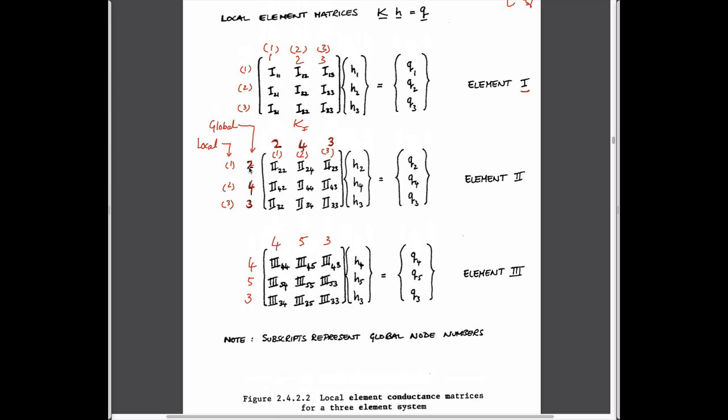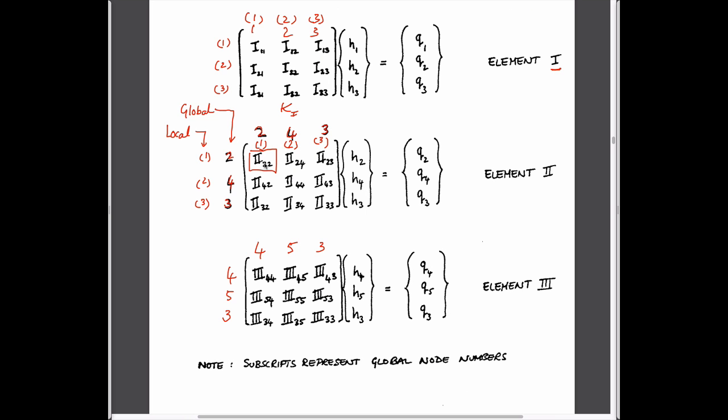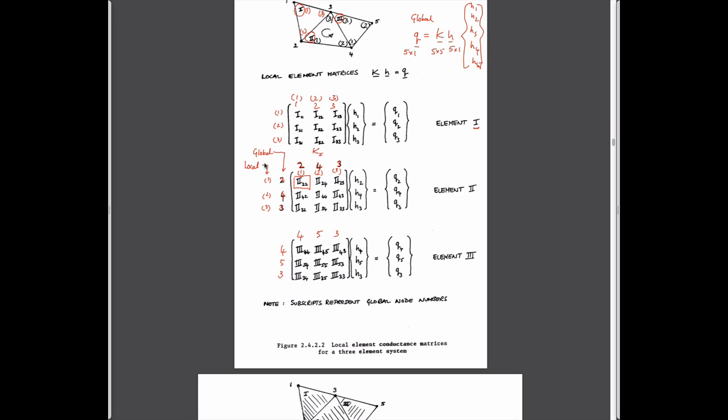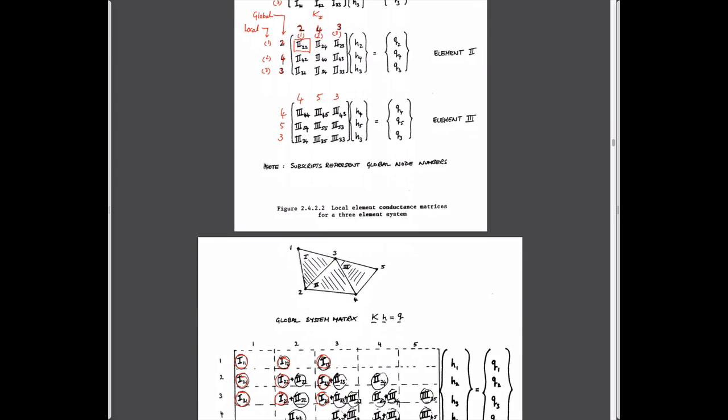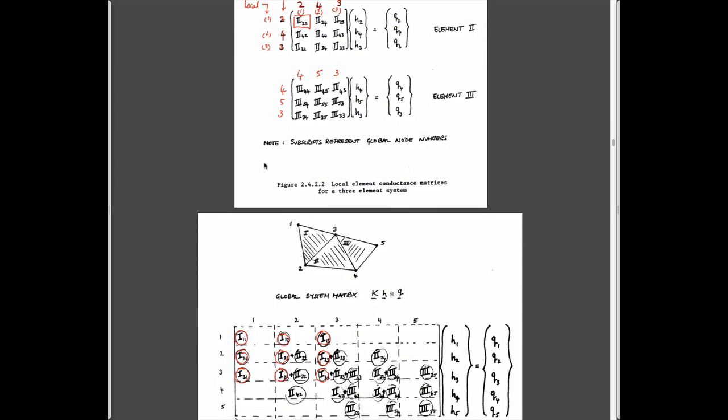This is 2, 2. This is row 2, column 4. Row 2, column 3 in terms of the global numbers. And so all we need to do is make sure that now that we take this one, where is it going to go? I can get them both on the same page.